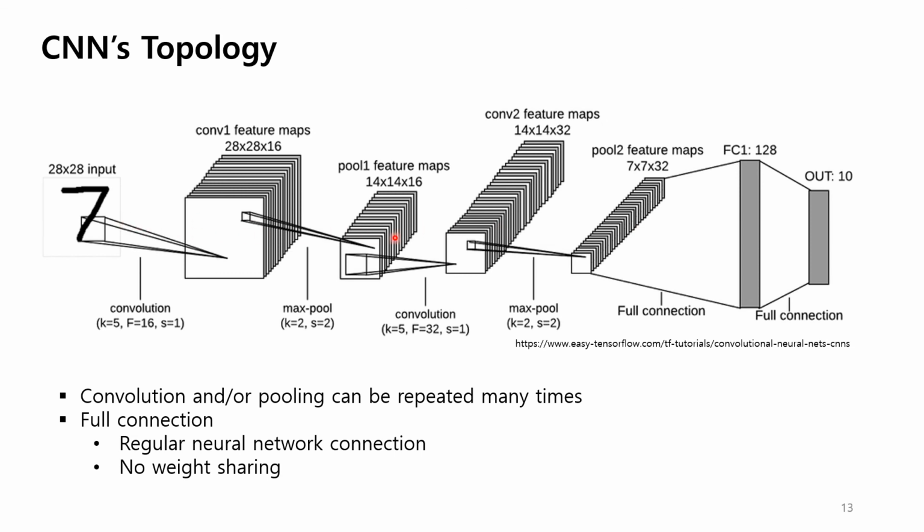So all these weight values, the kernels, are automatically determined to extract important patterns or features in the feature maps. So that's how it works.